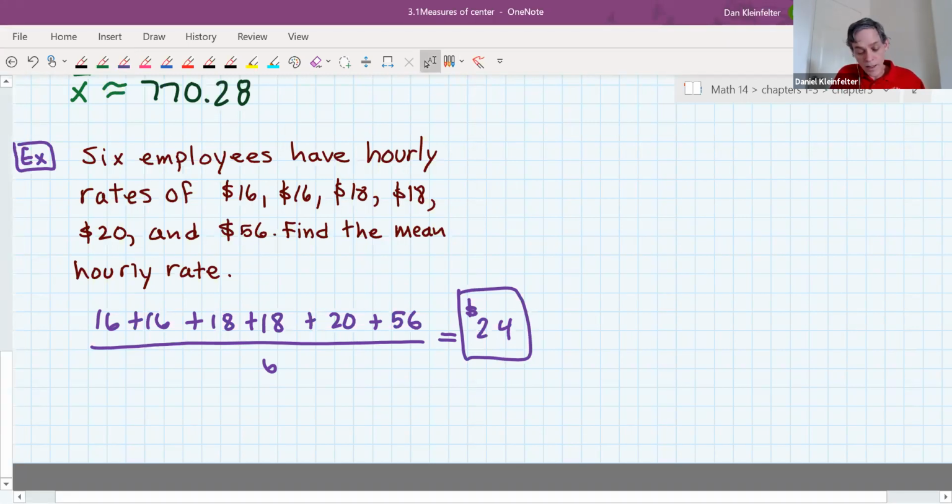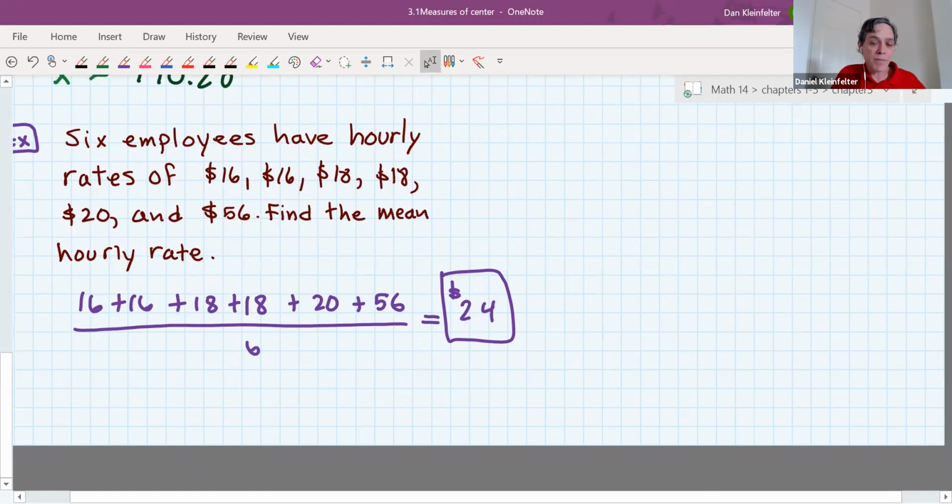All right, so I've gone through the calculation. It works out that the mean is $24 an hour. So this is another example that illustrates how the mean is sensitive to outliers.